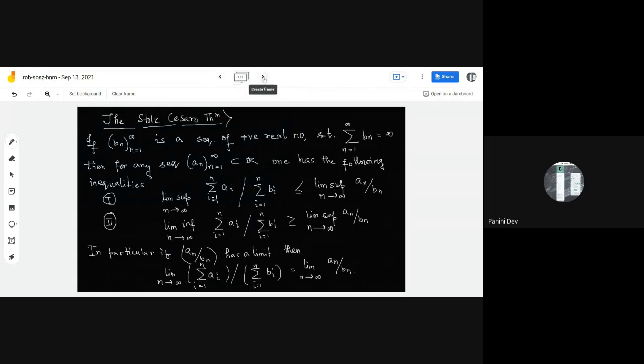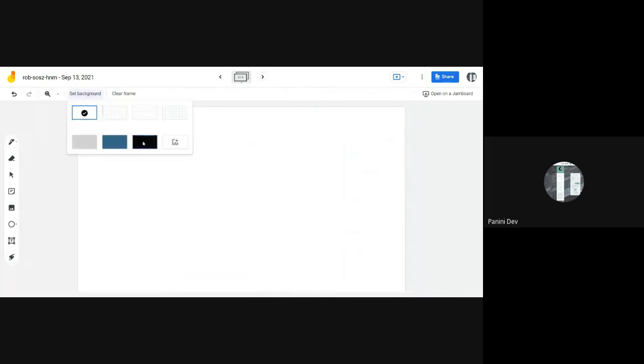One of the things that we will use from the Stolz-Cesaro theorem is this: if I have a sequence Cn of positive real numbers, then the limit as n tends to infinity of the summation of ci, i equals 1 to n, divided by n, is equal to the limit as n tends to infinity of Cn. This is the averaging law.